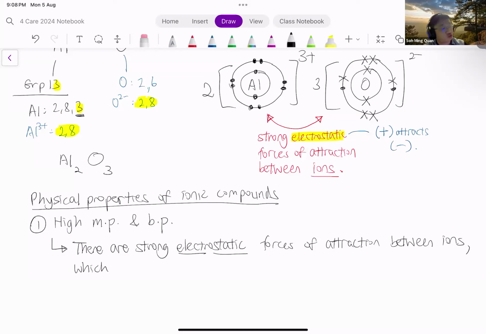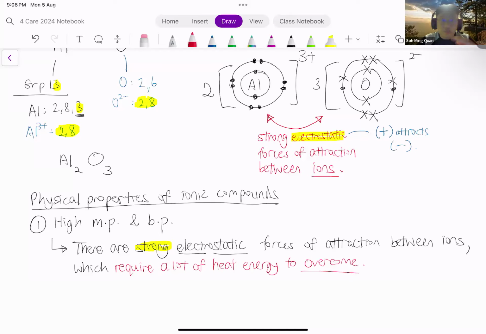Because these are strong forces, strong electrostatic forces of attraction, they are strong, right? So if they are strong, they require a lot of heat energy to overcome.